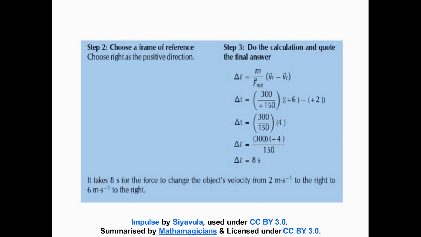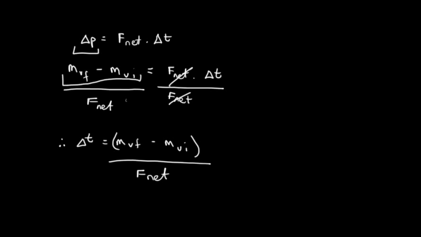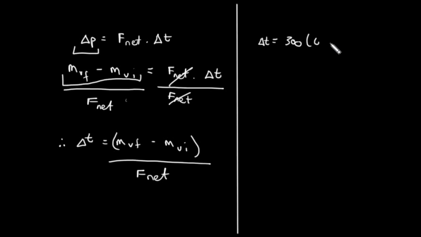We substitute our values: delta t is equal to the mass, 300, taken out as a common factor, times 6 minus 2, all over F net, which was positive 150.